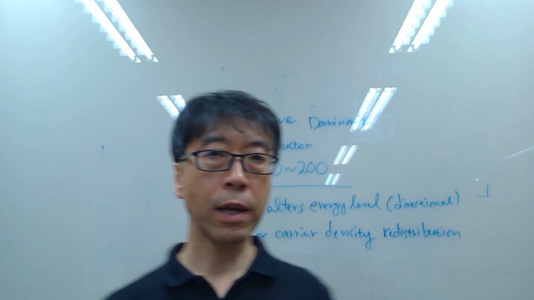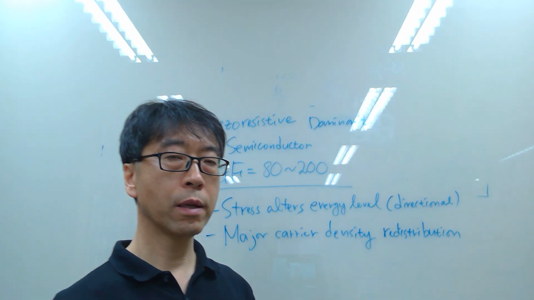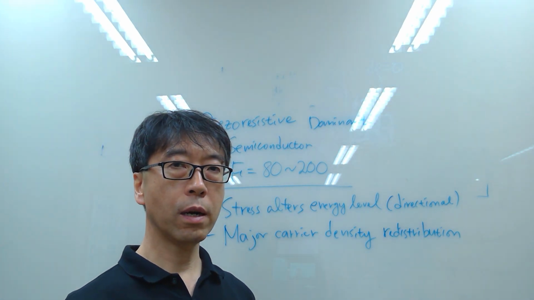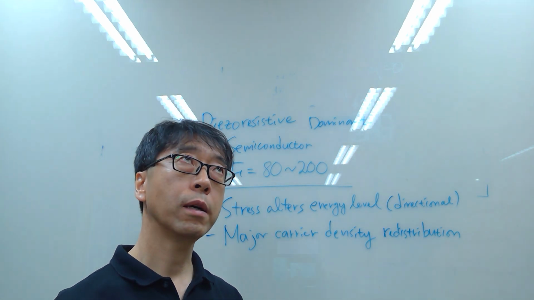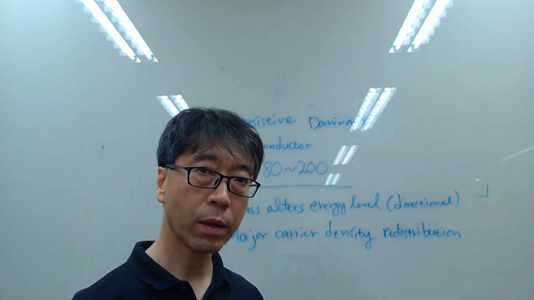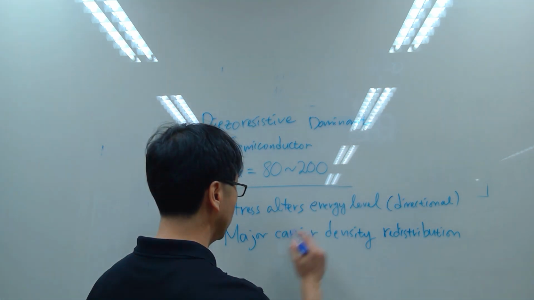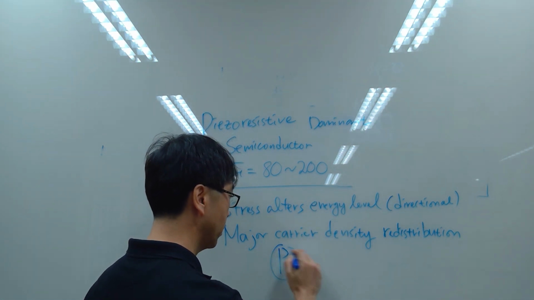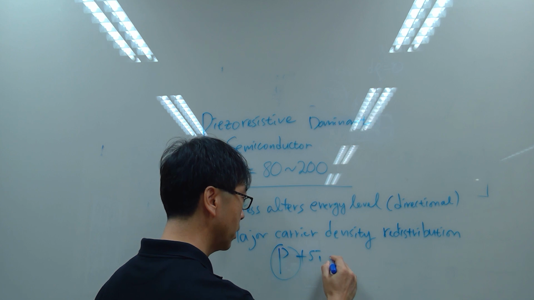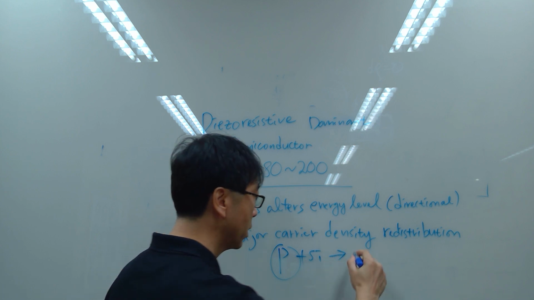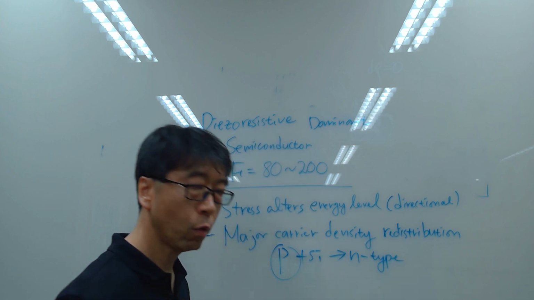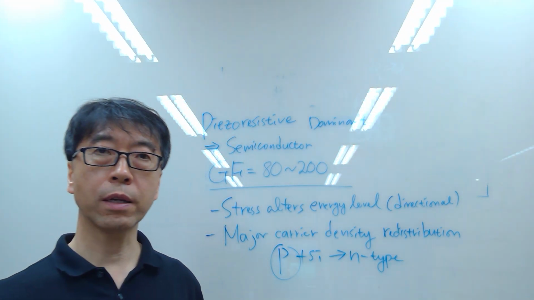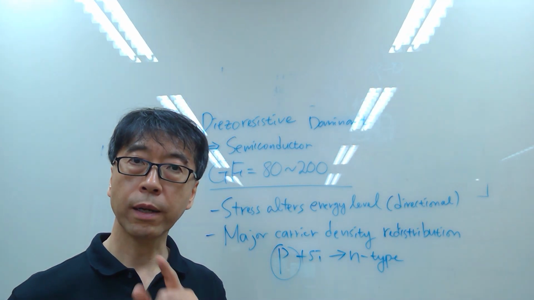And then, on the other hand, if you mix this silicon with a group 15 element, like phosphorus, for example, you're going to end up with n-type silicon. What is the major carrier of n-type silicon? Yes, electrons.